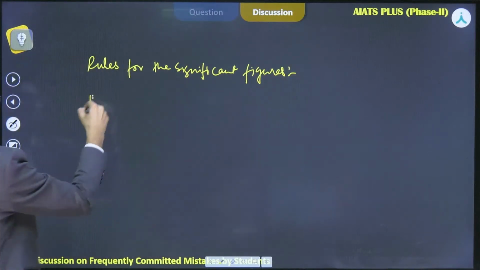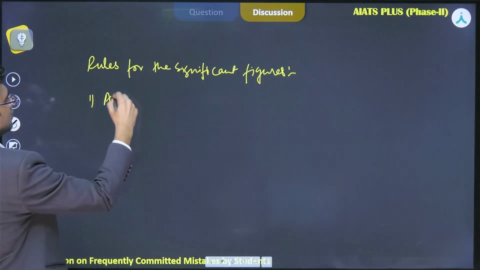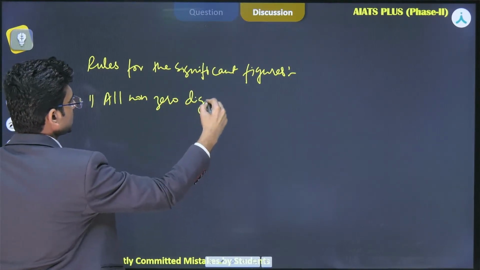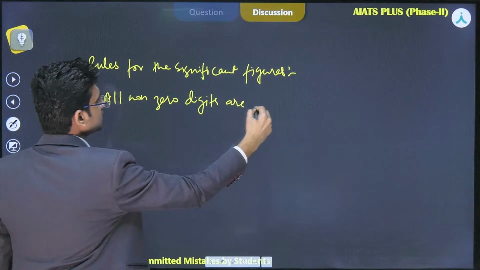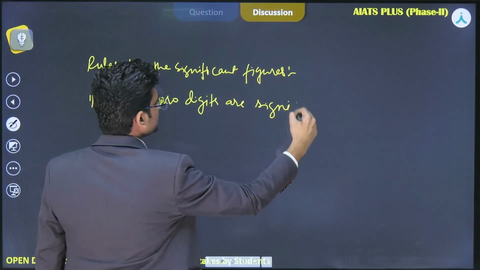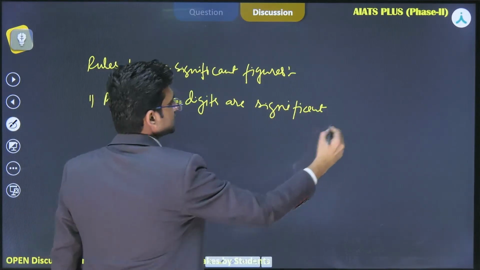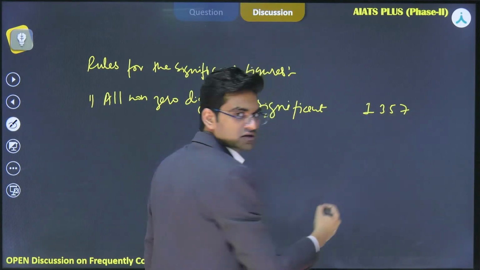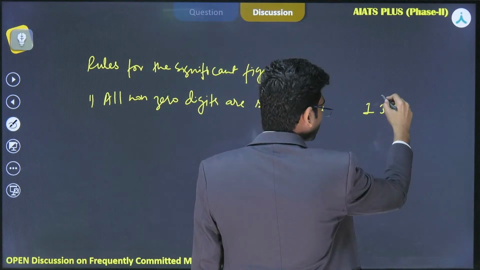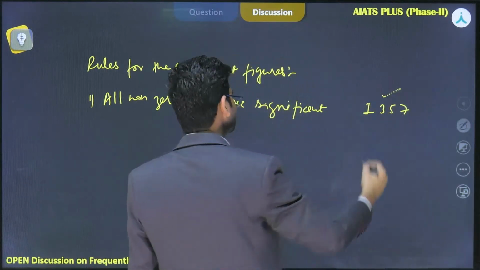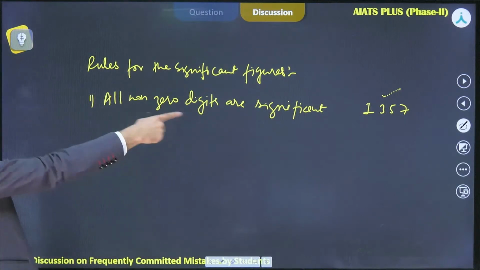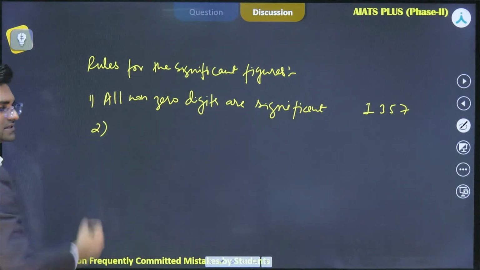The first rule is all non-zero digits are significant. So if a number is like 1, 3, 5, 7, all these numbers are non-zero, that's why all the digits are significant. What about the second rule?